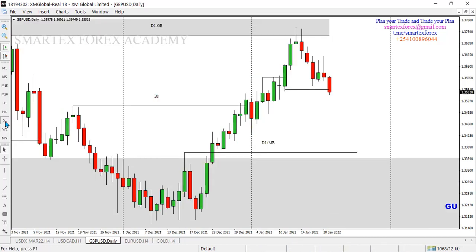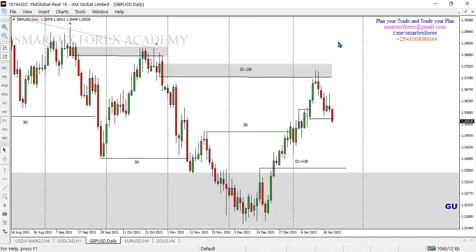If we look at the daily time frame, you can see this is our structure break here. And now we expect price to do a correction, and the correction may return to the daily mitigation block or to this breaker here. There's a very important zone here.